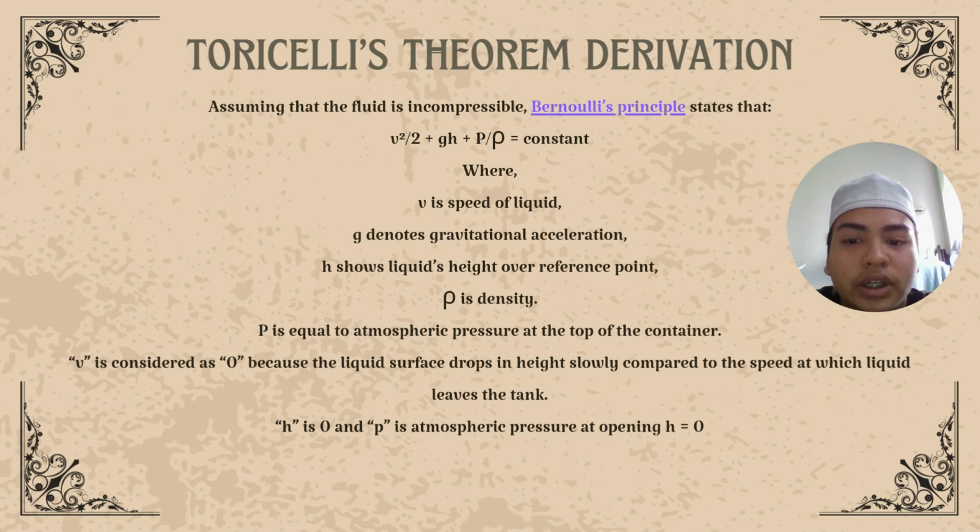V is considered zero because the liquid surface drops in height slowly compared to the speed at which liquid leaves the tank. H is zero and P is atmospheric pressure at the opening, h equal to 0.